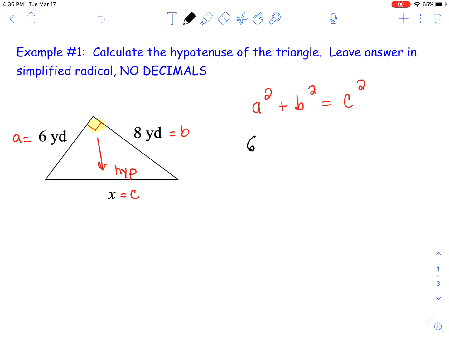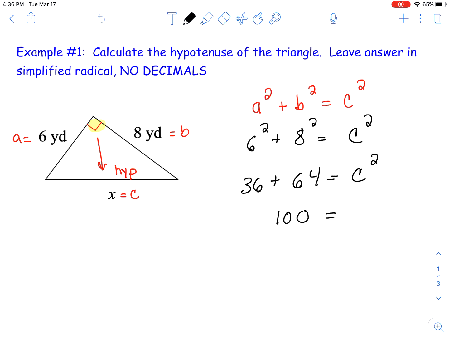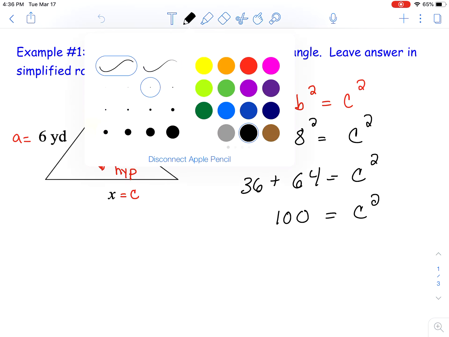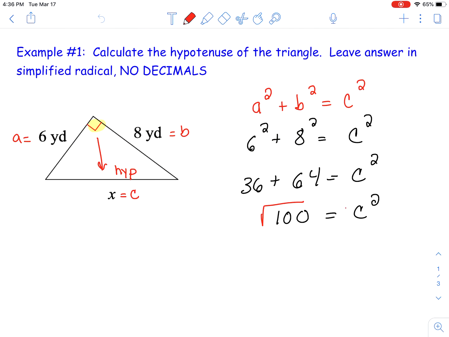And then we'll use this formula a squared plus b squared equals c squared. So it's going to be 6 squared plus 8 squared equals c squared, and we just do the math here. 6 squared is 36, 8 squared is 64, and we're looking for c squared. So I'm going to get 100 equals c squared. Take the square root of both sides. And this is nice because 100 is a perfect square.